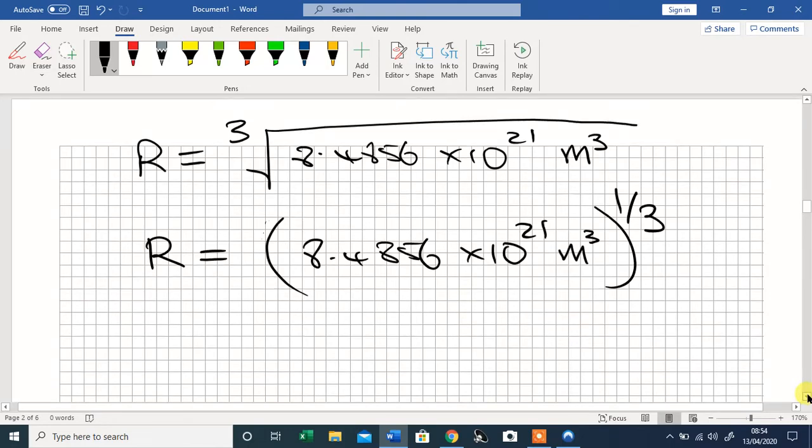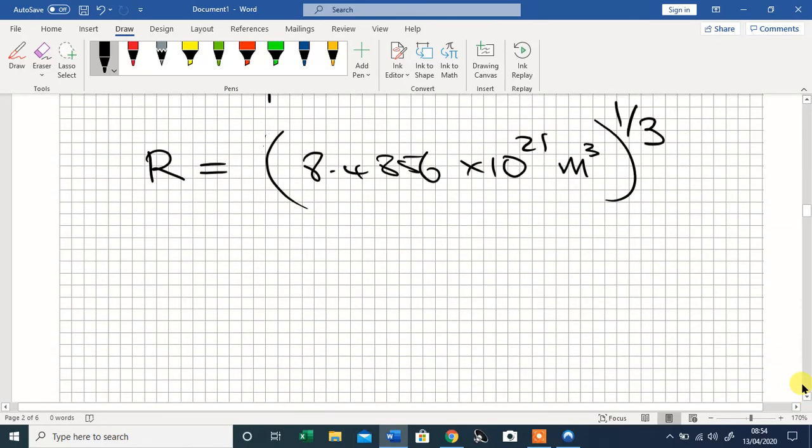And if we work that out, let me just put that into my calculator memory.